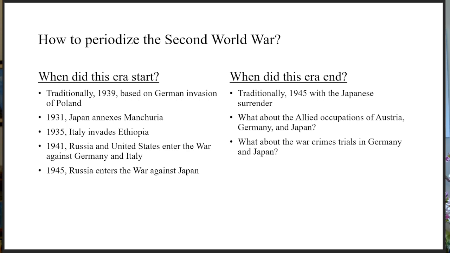Further complicating the starting date of the Second World War is that each of these belligerents came into different theaters of the war at varying times. For example, Russia invaded Poland in September of 1939, but was in a non-aggression pact with Hitler in Germany until June of 1941 with Operation Barbarossa.